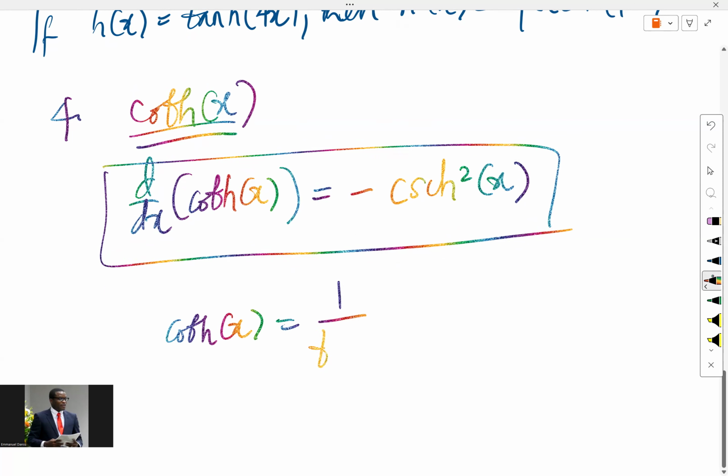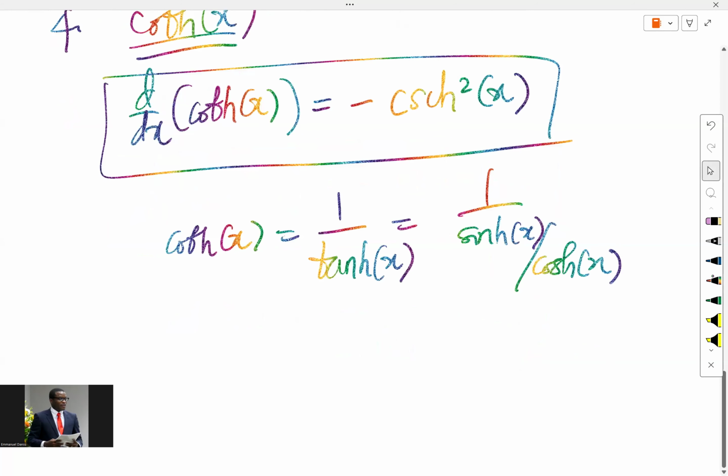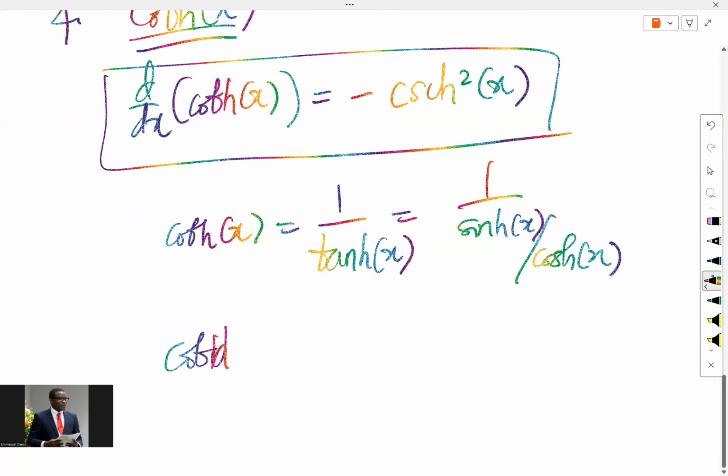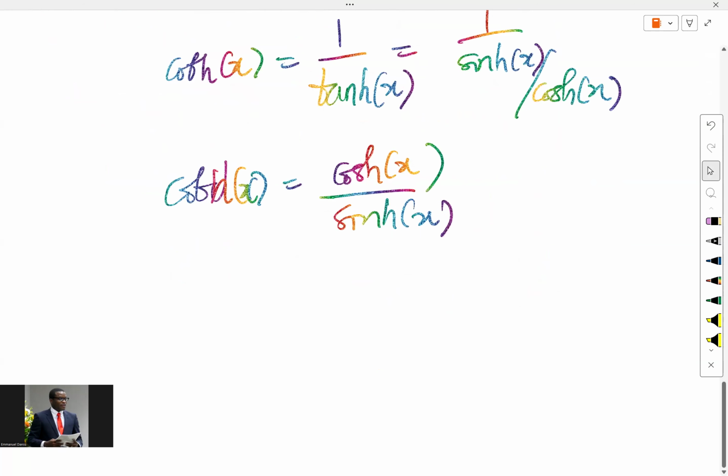That's 1 over tanh x. And you know tanh x is the same thing as sinh x all over cosh x. So that means that coth x is simply the same thing as cosh x all over sinh x. Okay, so just bring the expression.